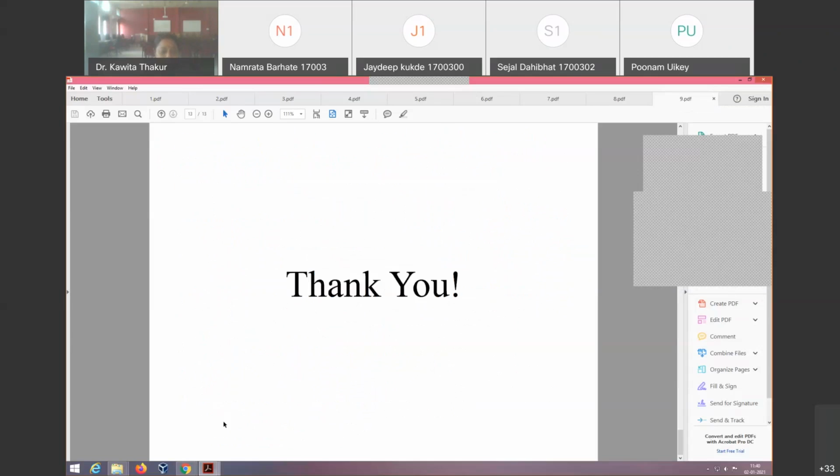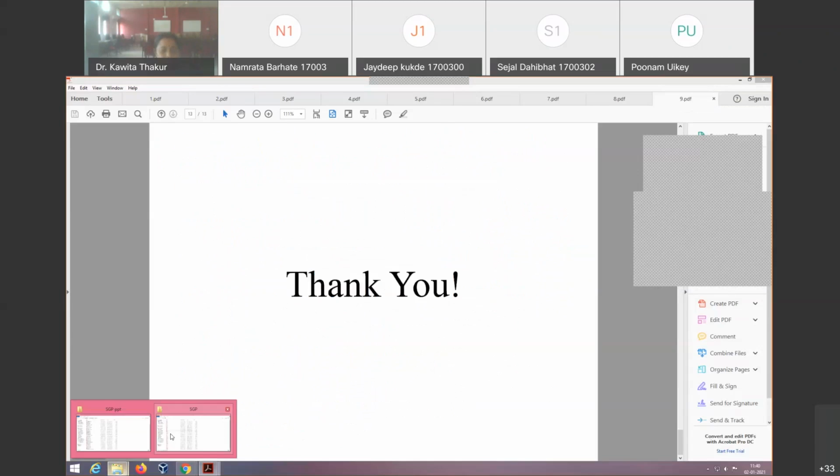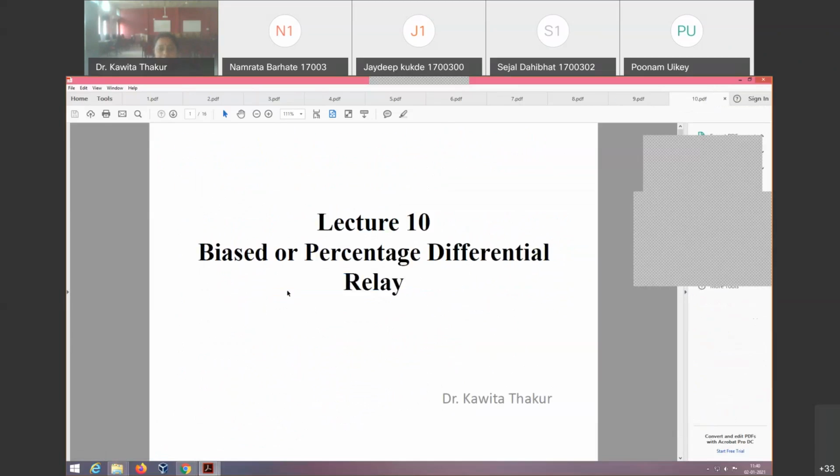Now in the 10th lecture, some advanced topics, because this differential protection has certain drawbacks since we are using two CTs at both ends. We have to improve the operation of the differential relay.